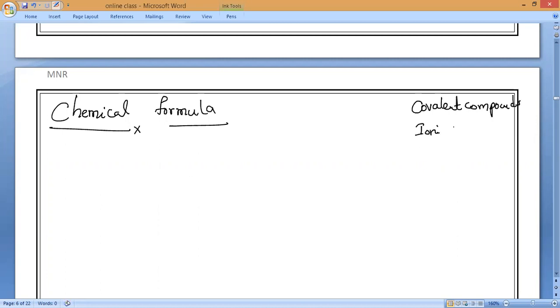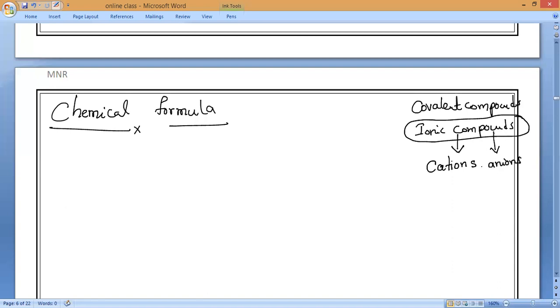Ionic compounds. Writing the chemical formula of ionic compounds is always a little difficult, because to write it you must know two kinds of ions. What are those ions, everybody? One is cations and another one is anions.